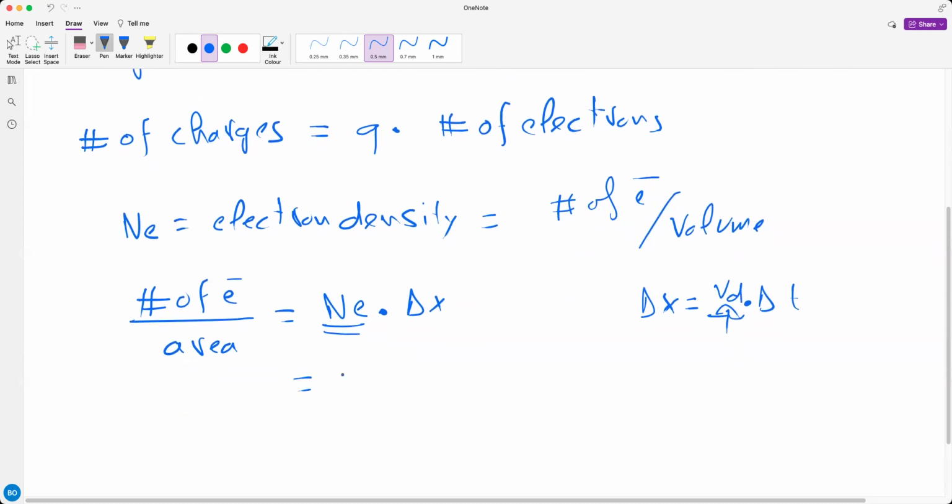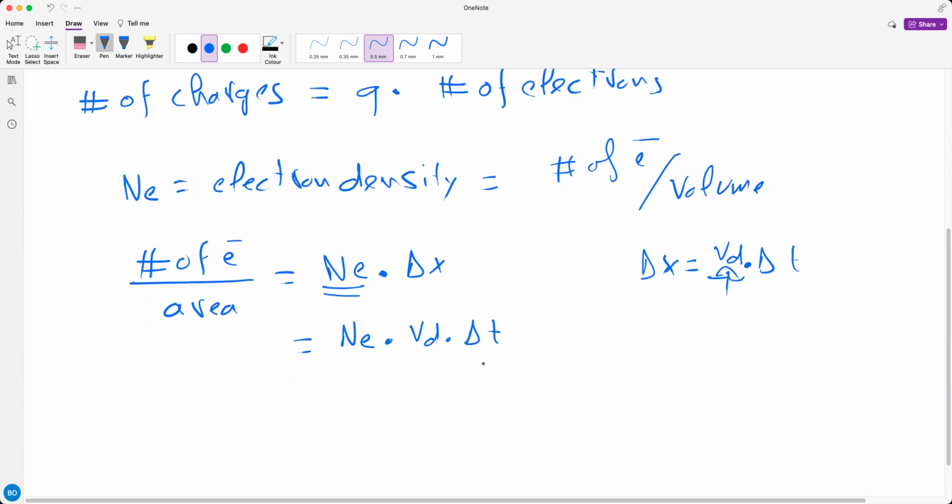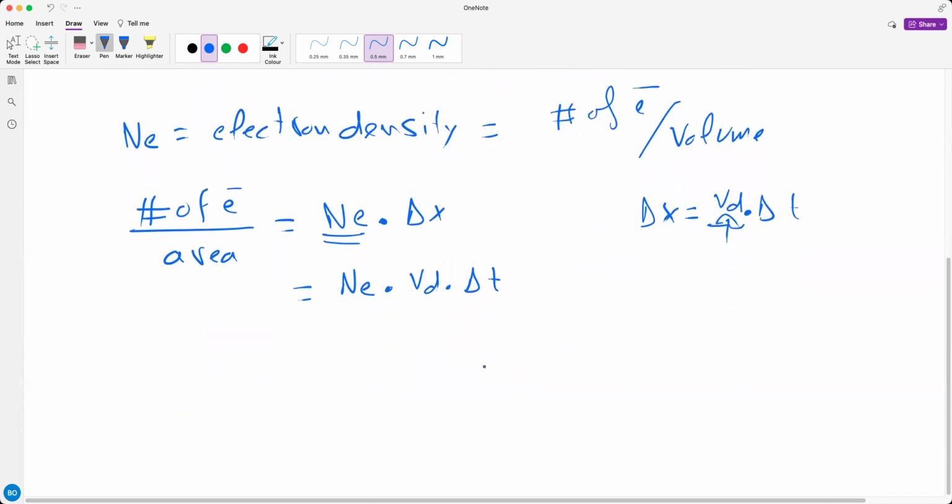So this means that it's equal to the electron density, which is given always, and then the drift velocity, and then delta t. Then the number of electrons per area per time is equal to Ne vD.